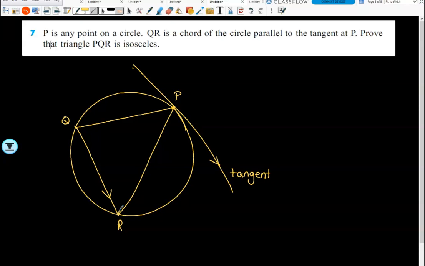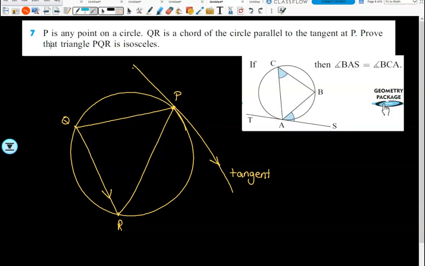So if you haven't got that sheet out in front of you, get that tangent chord theorem happening. I probably do what I'm comfortable with first, like I'm looking for my parallel. So look for the Z. Would you agree? So I'm saying that angle is the same as that one.